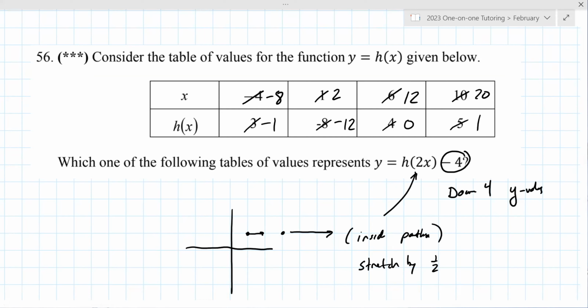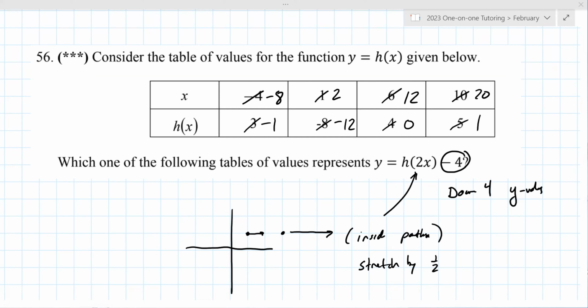Let's do an extension of that. Let's look at 58 here. This part inside parentheses is always kind of opposite of what you might think it should be.